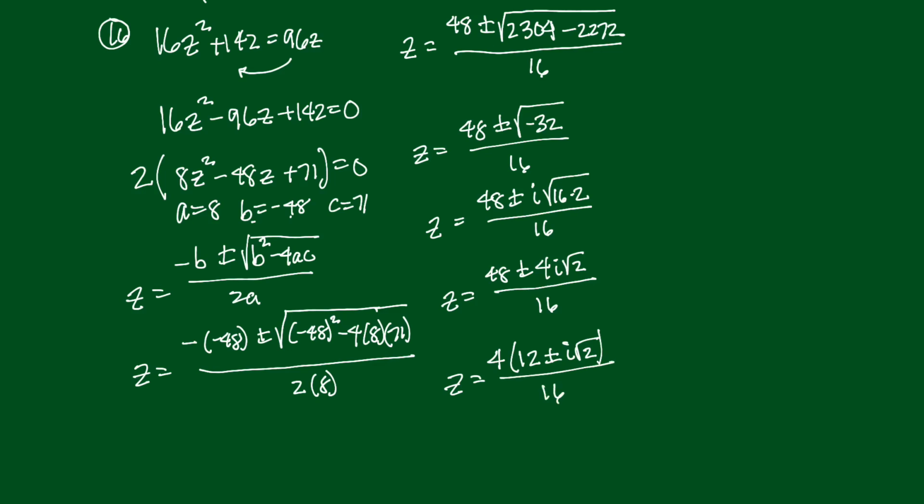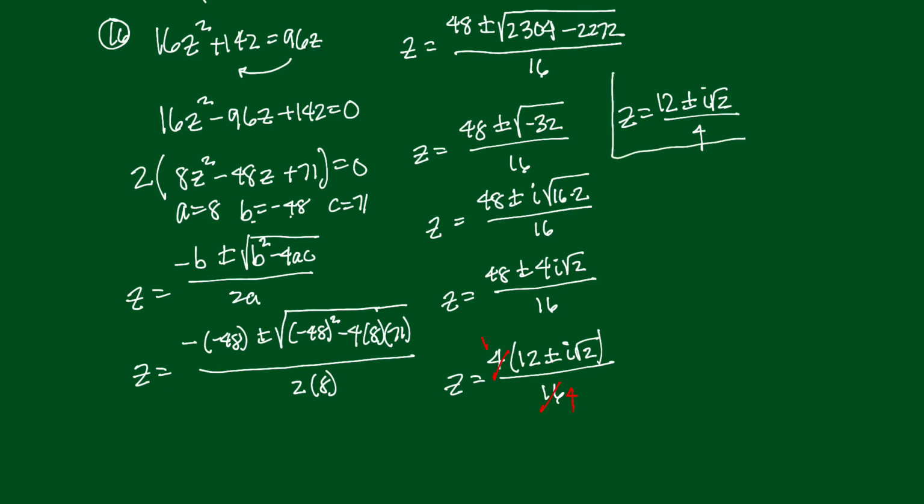And then this 4 will go into 4 once, into 16 4 times. So here's where we are. Z is equal to 12 plus or minus I square root of 2 all over 4.